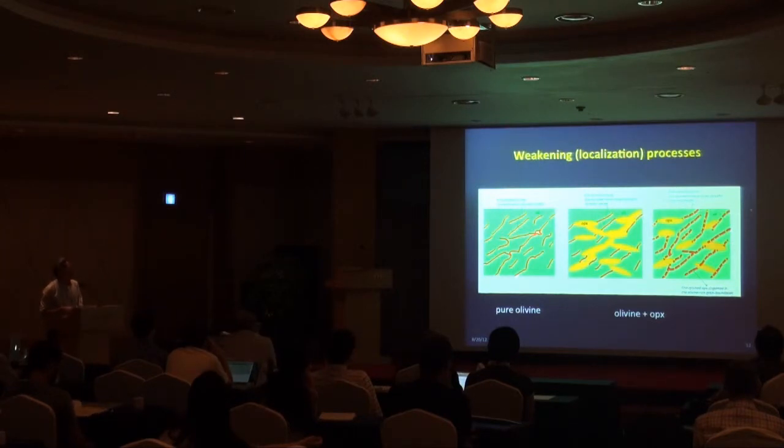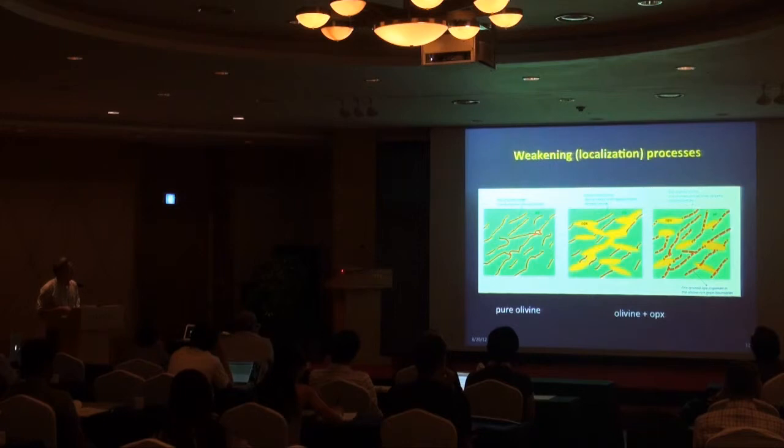If you have OPX and olivine mixture, you may end up with the fine grain formation in both olivine and OPX. And if these fine grains are mixed together, then you develop the fine grain regions where two phases are mixed. And mixing of two phases is a very efficient way to stabilize fine grain state so that you can enhance the degree of weakening. So those are three possibilities which we speculated before we did the experiments.